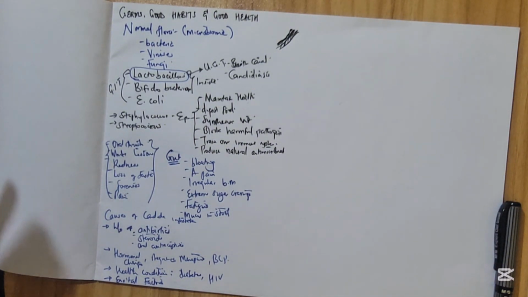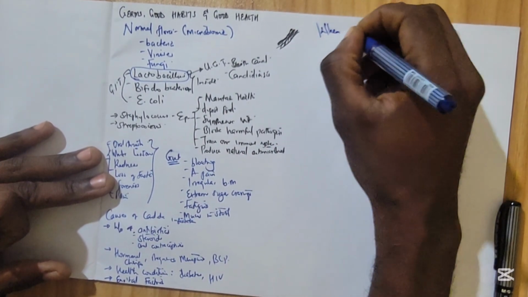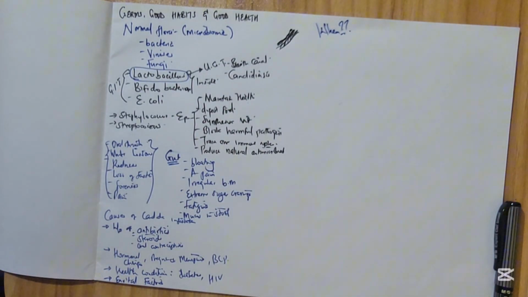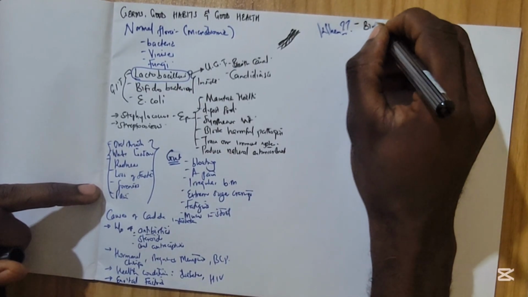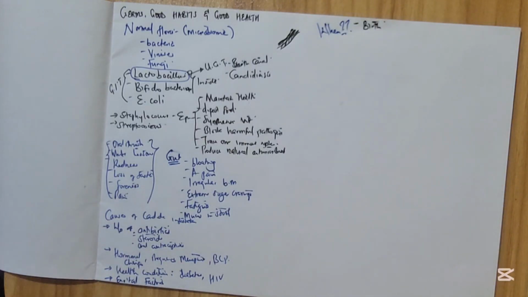So when do you acquire the normal flora? According to Jessica Sachs, in her book Good Germs, Bad Germs, we acquire our first normal flora at birth, when we are showered by our parents' normal flora from the birth canal.